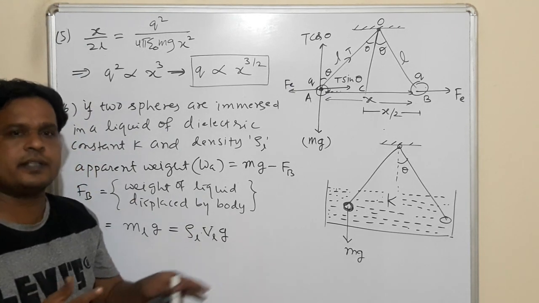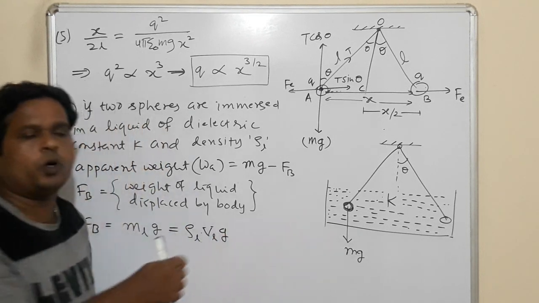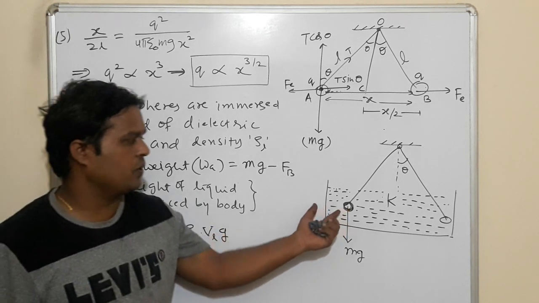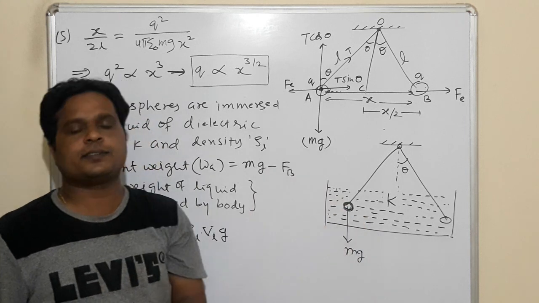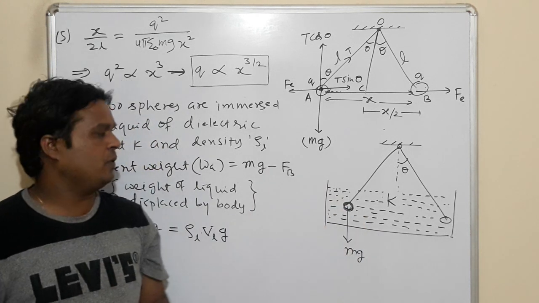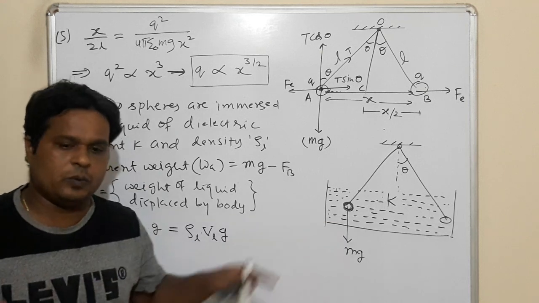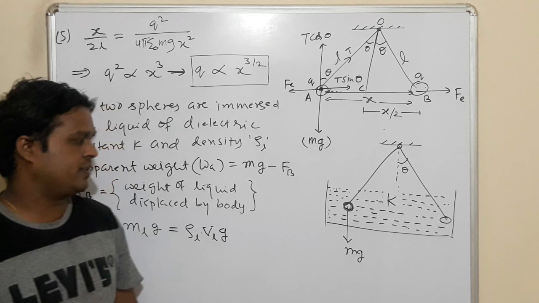It will displace a volume of liquid equal to the volume of the body. How much liquid it is going to displace does not depend on its mass. It depends on its size. It may be made up of any material. If size is large, more amount of water will be displaced. If size is small, then less amount of water will be displaced.